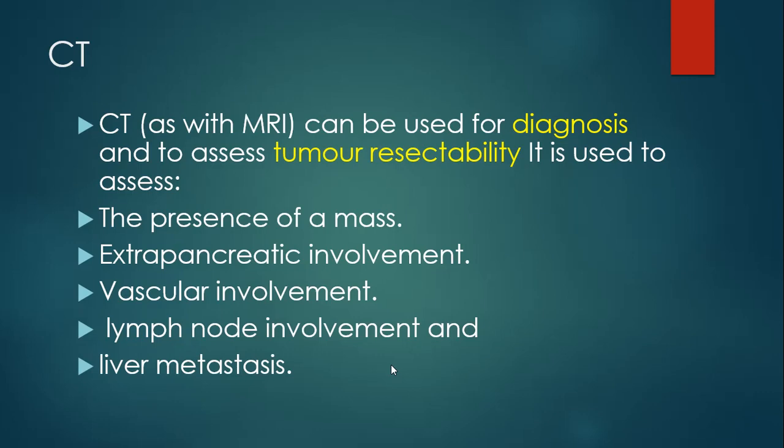Vascular involvement, the vessels which are important, the superior mesenteric artery and the vein, and it also shows the involvement of lymph nodes and the metastasis. So not only can you diagnose the tumor itself, but also you can stage the disease, how far the tumor has spread.